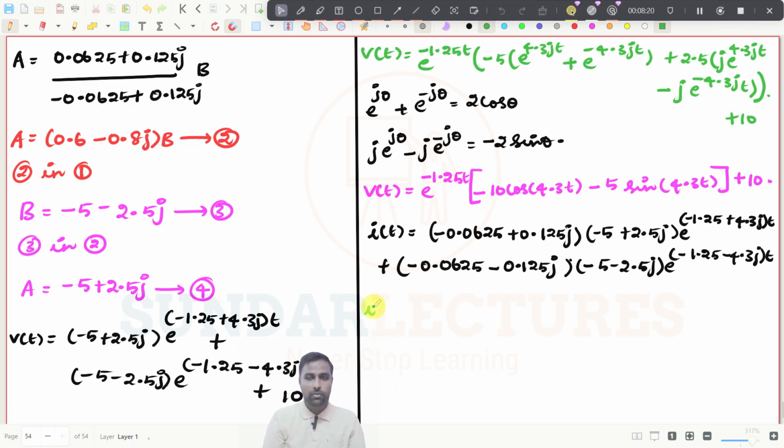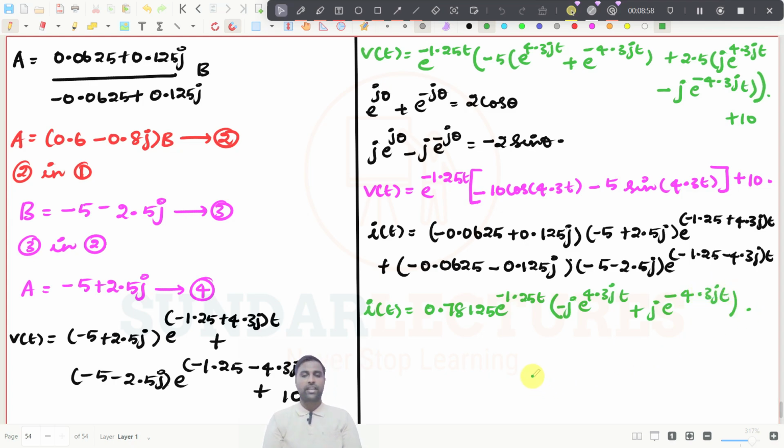I of t will be equal to 0.78125 e power minus 1.25 t multiplied by j e power 4.3 j t, minus, plus j e power minus 4.3 j t. You will get an expression like this.